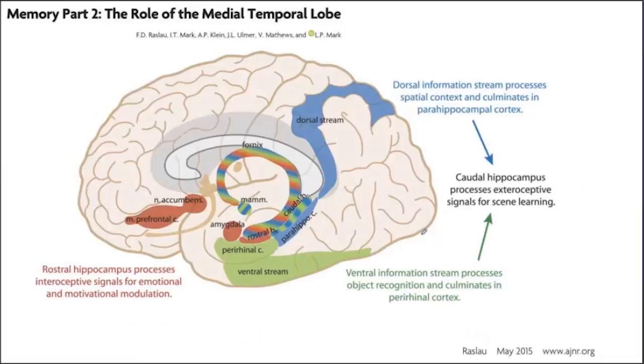From the visual stimuli that we have, information goes to the dorsal stream, which is about where, and the ventral stream, which is about what. The what goes to the perirhinal, and the where goes to the parahippocampal. They get merged in the entorhinal cortex, and then they go to the hippocampus. But meanwhile, the amygdala is providing things related to basically why.